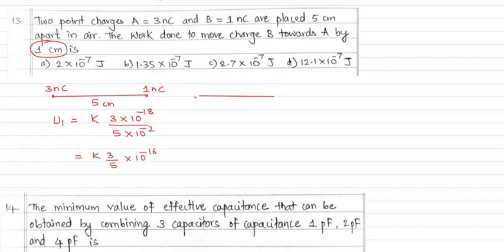Now this is 3, this is 1. The distance between them now becomes 4. So now potential energy will again be K, numerator remains the same, minus 18, denominator changes to 4 into 10 raised to minus 2. So you will have K 3 by 4 into 10 raised to minus 16 joules.